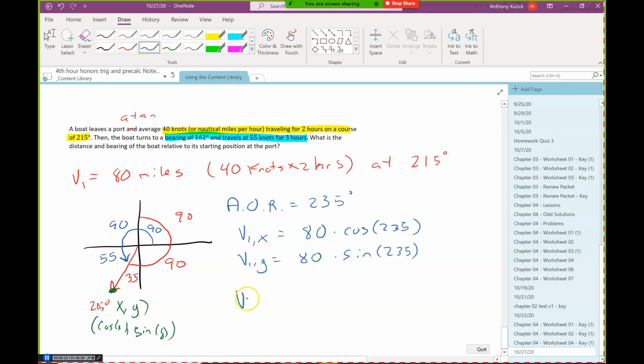Again, 80 was our magnitude, and this is our direction, and we just resolve that into a different representation. So 80 cosine 235 comma 80 sine 235 is just a different representation for that same information. We like that other representation better because it allows us to add the two vectors directly.